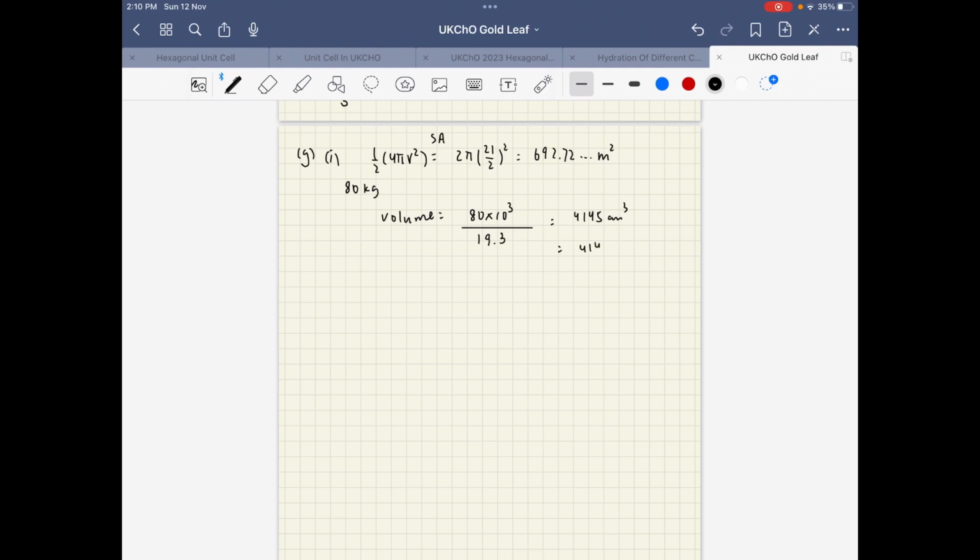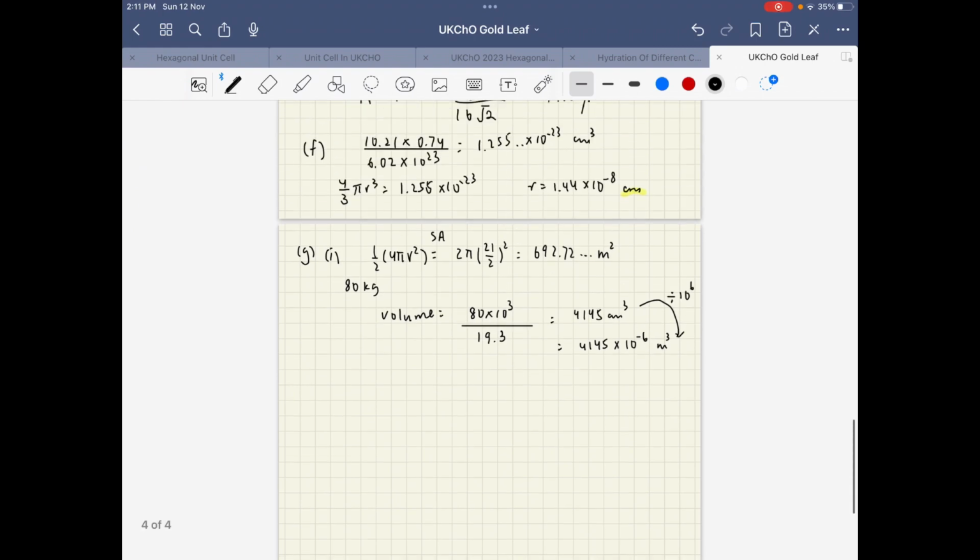which is 4145 times 10 to the power of minus 6 meter cube. Yeah, because when you convert centimeter cube to meter cube, you need to divide by 10 to the power of 6.